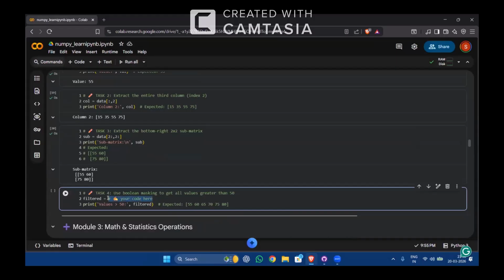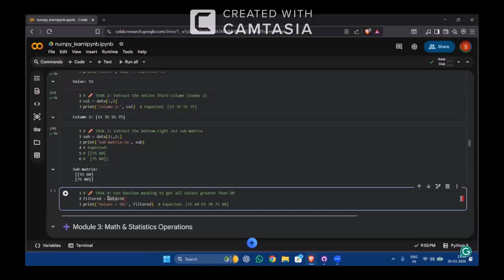Yeah. Now, the last one is use Boolean masking to get all values greater than 50. Filtered equal to data within square brackets.